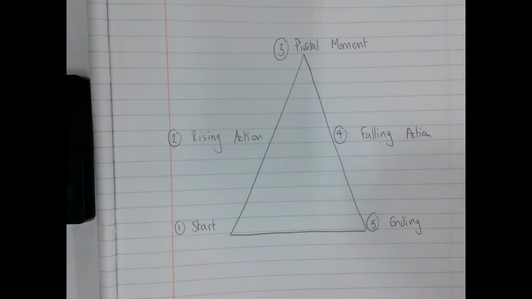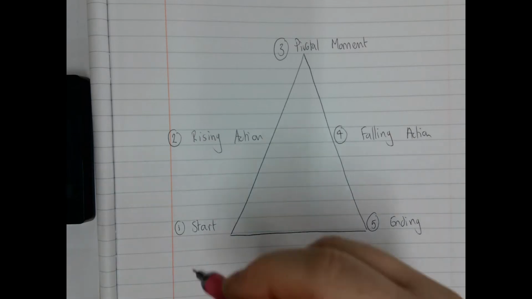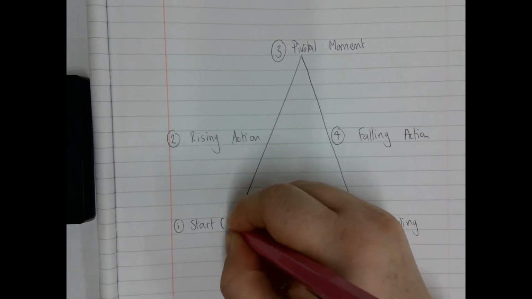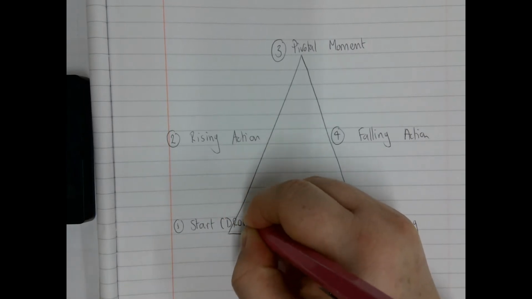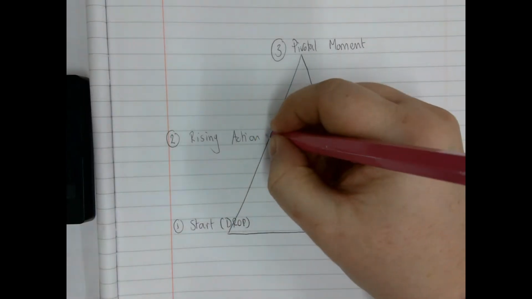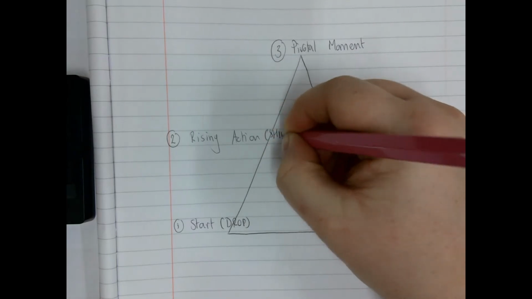Now, in a lot of ways, this is very similar to the drop, shift, zoom in, zoom out and leave element that you've been looking at within class. So for example, the start is very similar to the drop. The rising action is very similar to the shift.